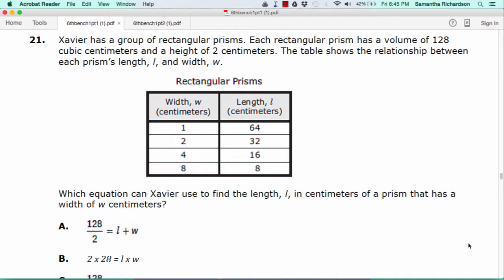Number 21. Xavier has a group of rectangular prisms. Each rectangular prism has a volume of 128 cubic centimeters and a height of 2 centimeters. The table shows the relationship between each prism's length, L, and width, W. Which equation can Xavier use to find the length, L, in centimeters of a prism that has a width of W centimeters?